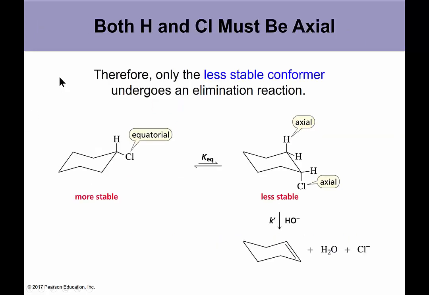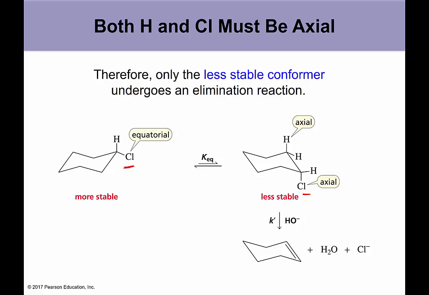Sort of to re-emphasize some of this, you have equilibrium between the positions of the leaving group, between its axial and equatorial position. And in fact, if Cl is the only substituent you have on the cyclohexane ring, it tends to be in the equatorial position.